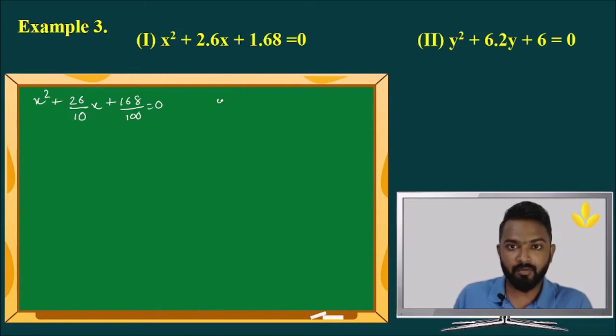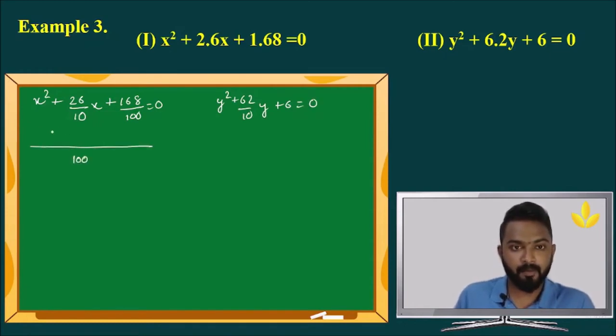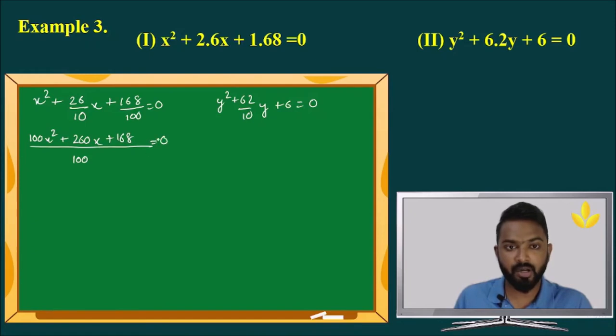And here we have y square plus 62 by 10 y plus 6 equals 0. So here the LCM is 100. We have 100x square plus 260x, because 100 by 10 is 10, 10 into 26, plus 168 equals 0. 100 gone over here.